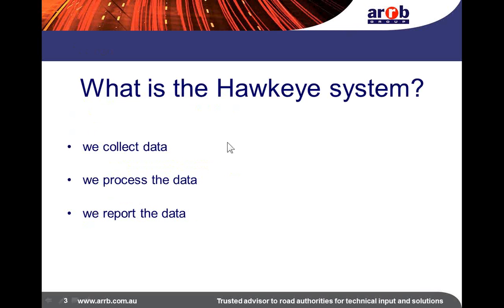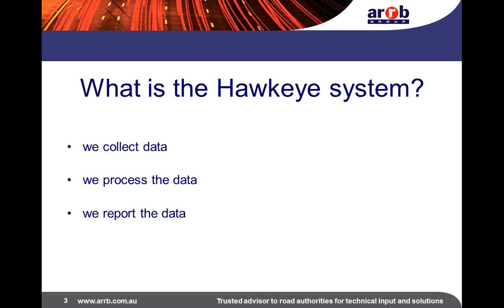So the Hawkeye system itself, we have this product, Hawkeye 2000 and Hawkeye 1000 network survey vehicles. They're vehicles that we sell around the world and we use here in Australia. They collect laser profiling data, video data, road geometry data, and also GPS data.